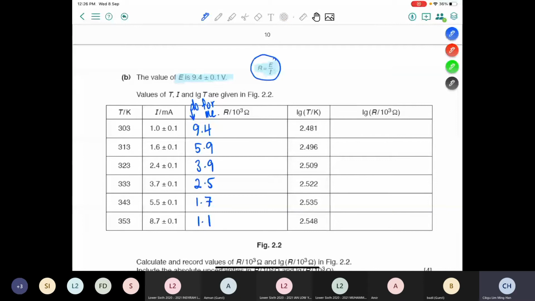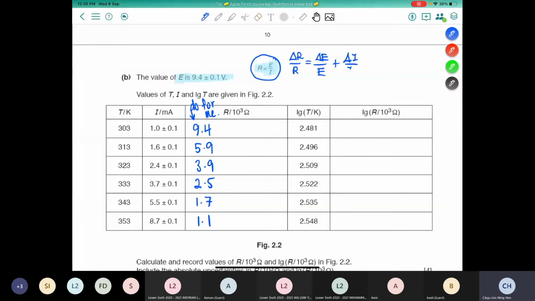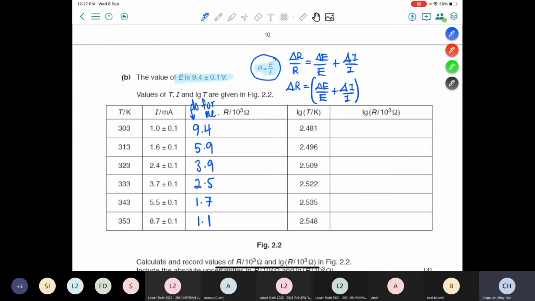So in order to get the uncertainty, I give you some hint. It's from here. The uncertainty of R over R is equal to the uncertainty of E over E plus the uncertainty of I over I. Therefore, your uncertainty of R will need a lot of calculation because it's a very long, tedious calculation.